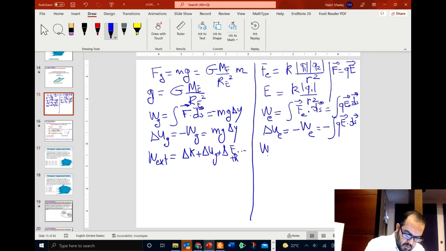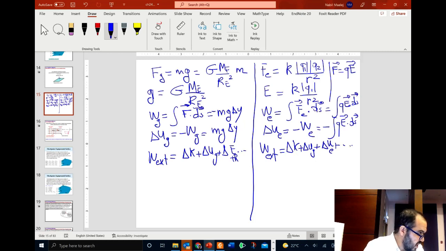Now we can write also the work due to external forces on a system. If you have a system and you have an external force, in many cases the external force is zero, as we will see today, for example. So now we add another term to this equation, which is the change in electric potential energy. So we can write delta K plus delta U due to gravity plus delta U due to electric field plus all of the other terms.